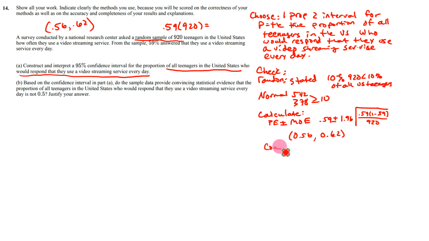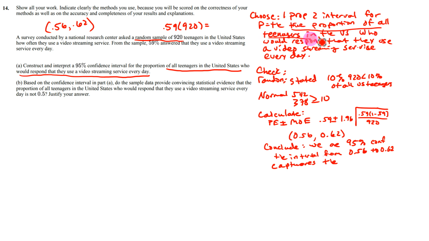Conclude: we are 95% confident the interval from 0.56 to 0.62 captures the true proportion of all teenagers in the U.S. who would respond that they use a video streaming service every day.